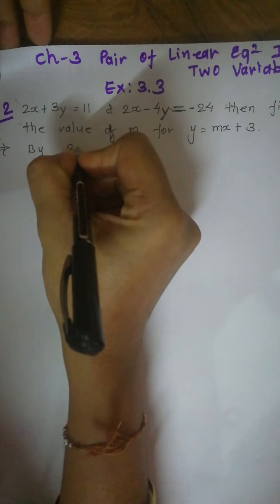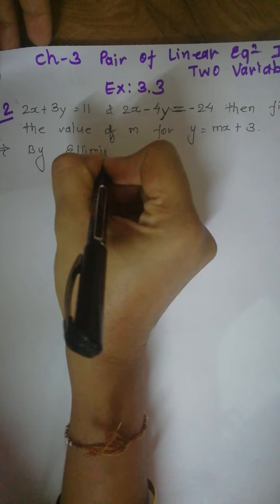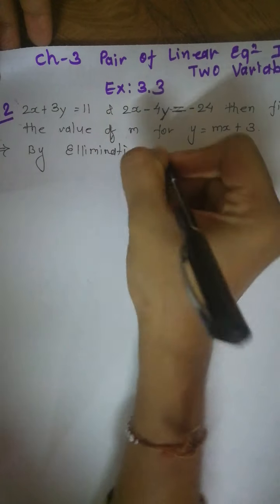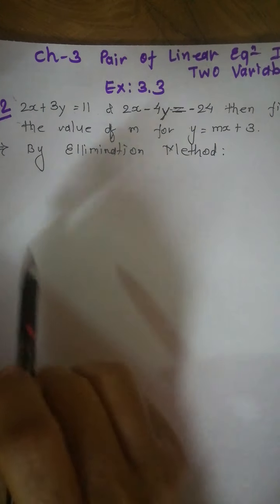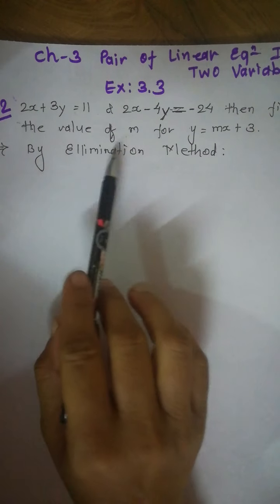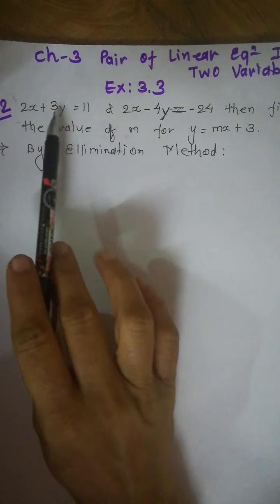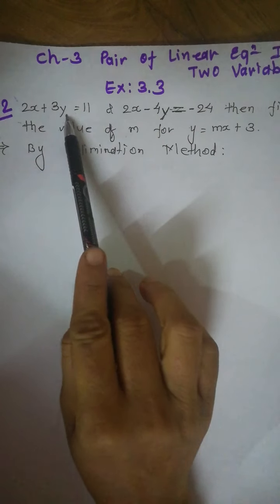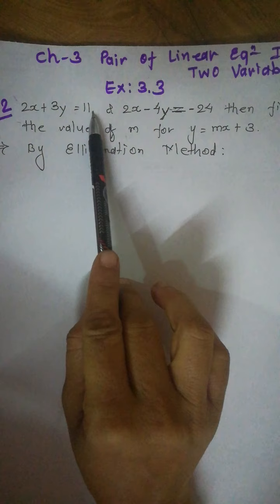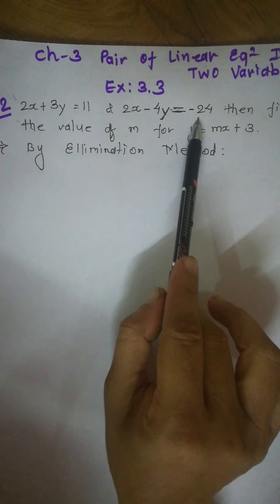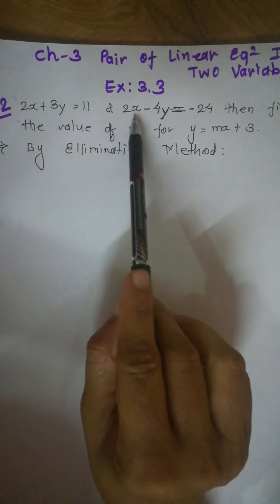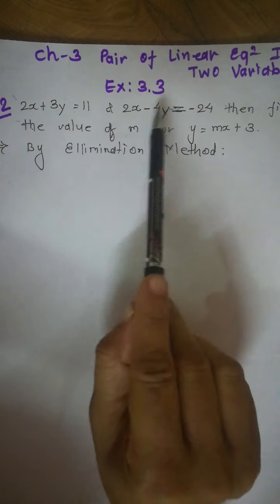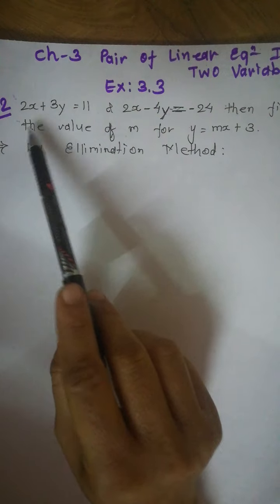So what do we do in the elimination method? In this method we have two equations, and the constants are kept on the right-hand side in both. First we see which variable has the same coefficients, either x or y.